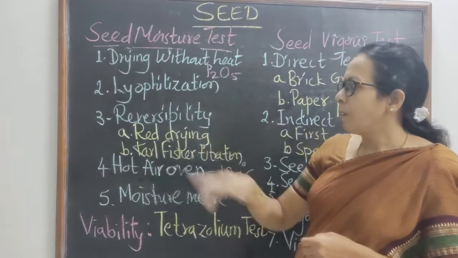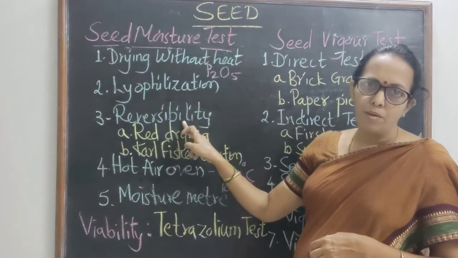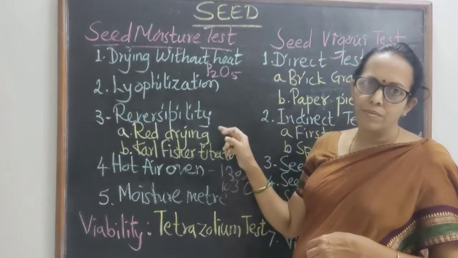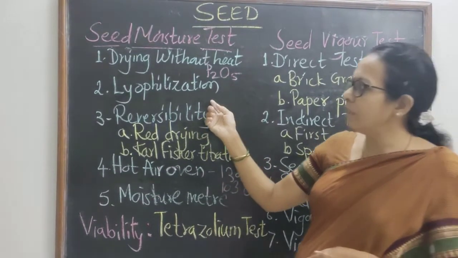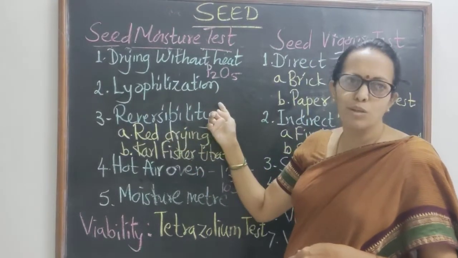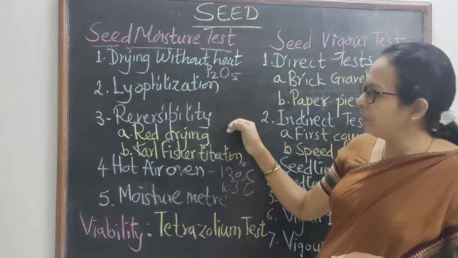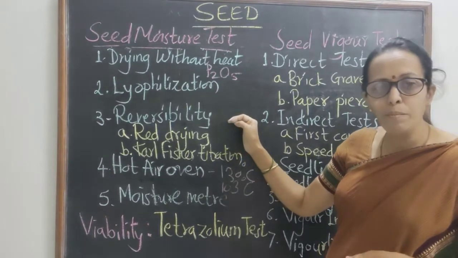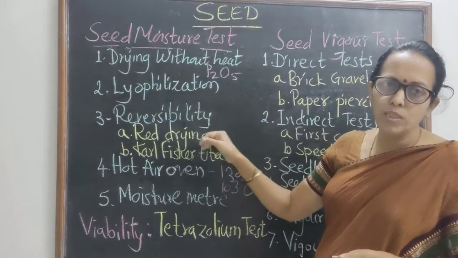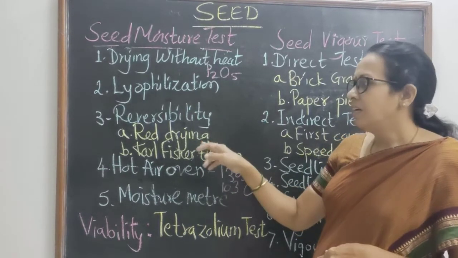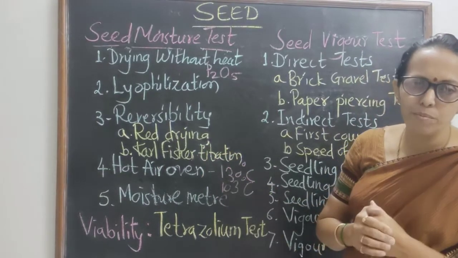Next is the reversibility methods, where again there are two subtypes: the air drying method and the Karl Fischer titration method.